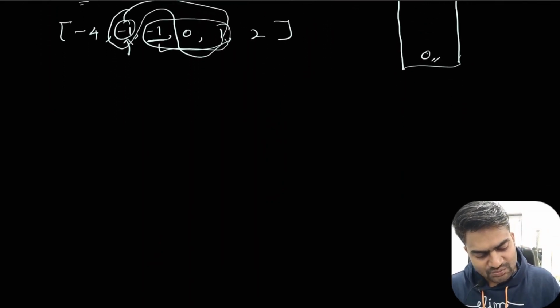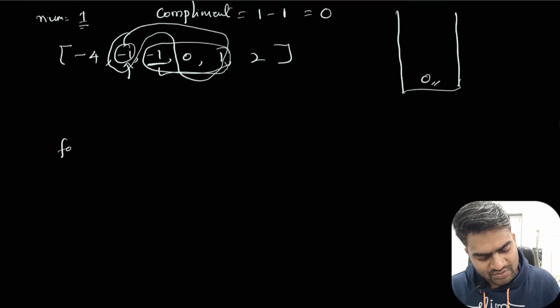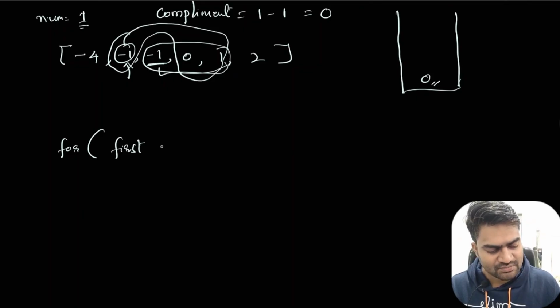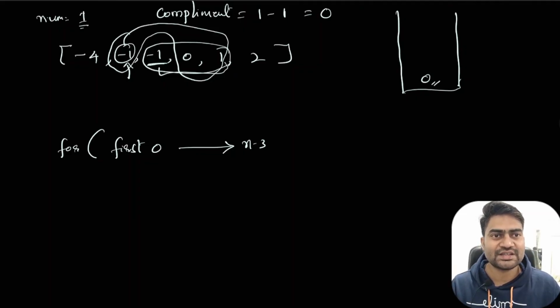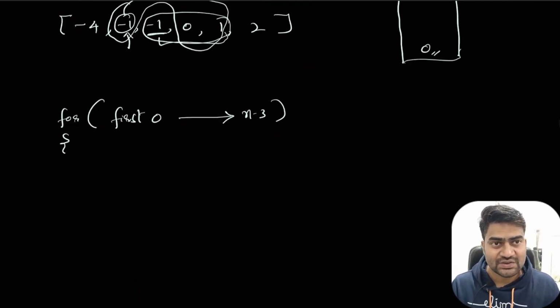First I will take a for loop. For first starting from 0, it will travel till n minus 3. Why n minus 3? Because there is no point in considering the remaining numbers. After this, I also need to skip the duplicate values.